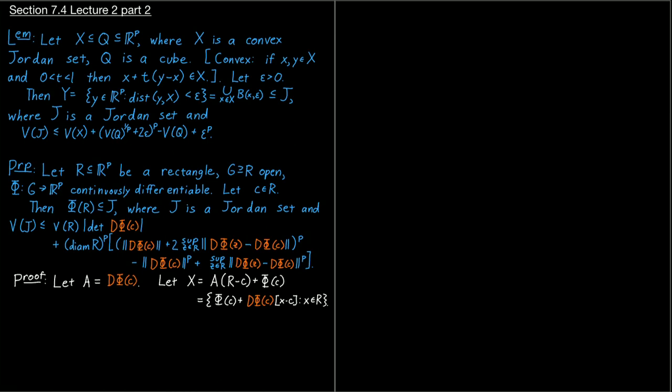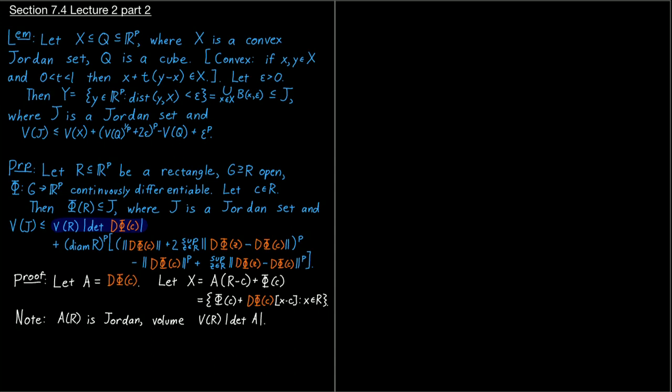All right, now let's notice by the last video that A of R is Jordan with volume V of R times the determinant of A. That is where this V of R times the determinant of d phi of c, which is A, comes from.